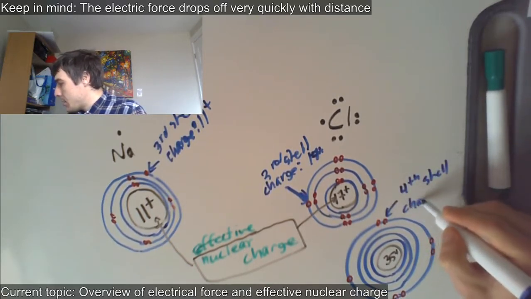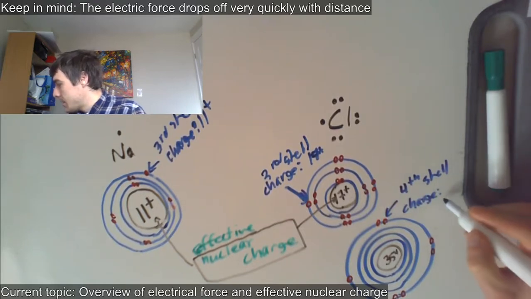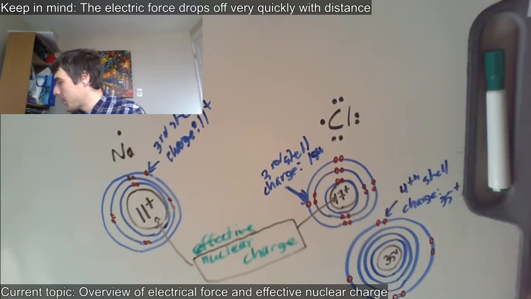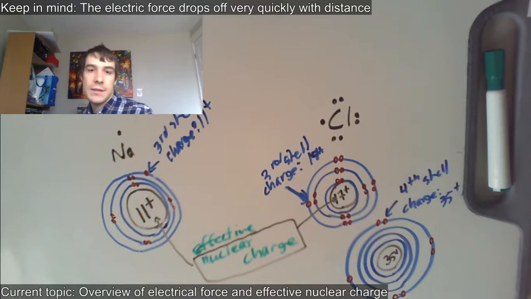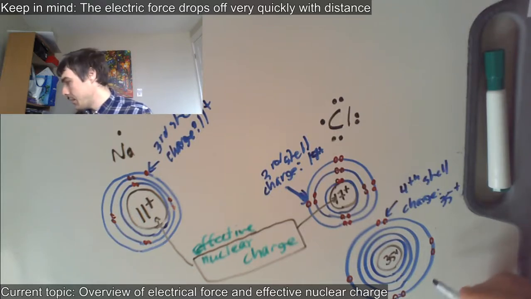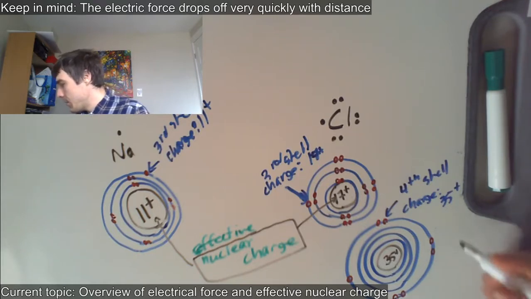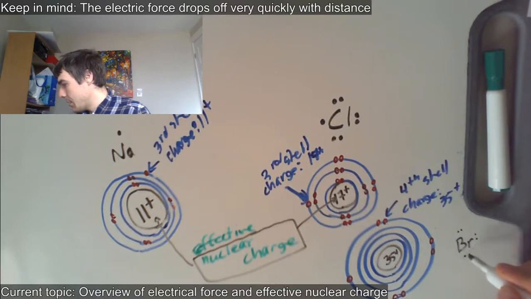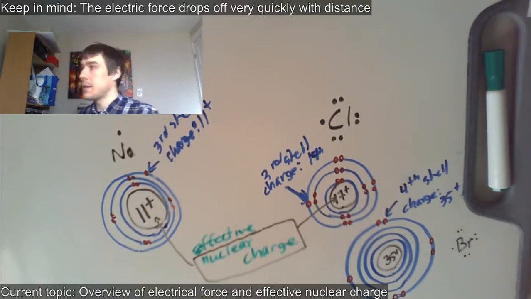And the nuclear charge is 35. Right? 35 positives, because that's bromine. And the question is, which one of these two has the stronger pull for electrons?